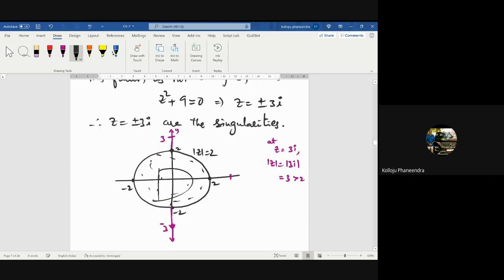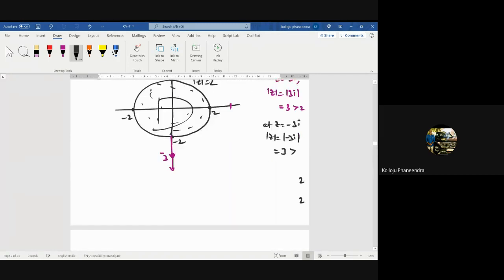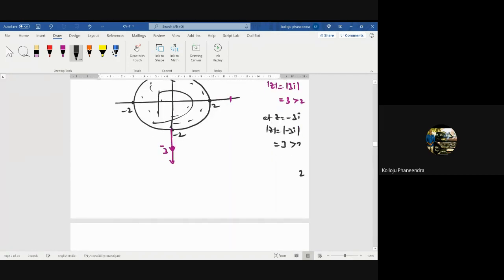And at z equal to minus 3i also, mod of minus 3i is also 3, greater than 2. Right? The singularities z equal to plus or minus 3i have modulus greater than 2.